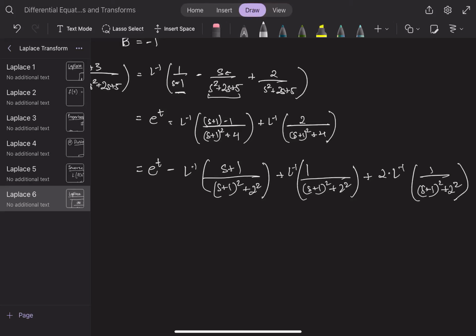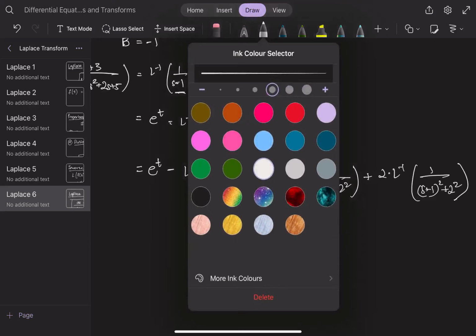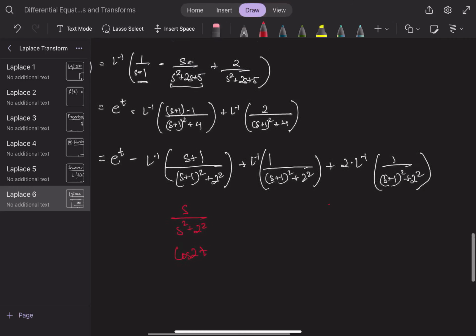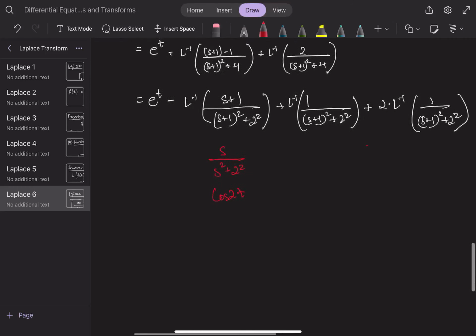Now guys, if this term was simply s divided by s square plus 2 square, you could have written cos 2t. But because we have s plus 1, you need to multiply it with e raised to minus t. Similarly, this term, if it was 1 upon s square plus 2 square, you could have written it as half of sine 2t. But again, we have s plus 1, so you need to multiply it by e raised to minus t.